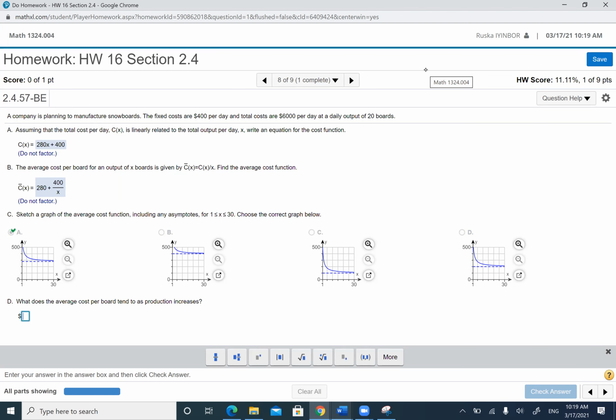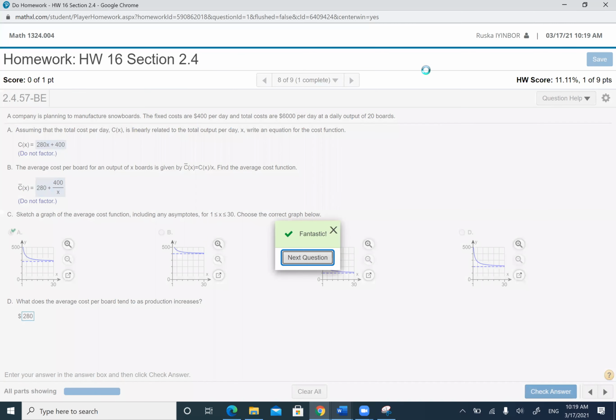So that means if x goes to infinity, you're going to go to 280. Okay? Because the graph is going to go close to 280, right?